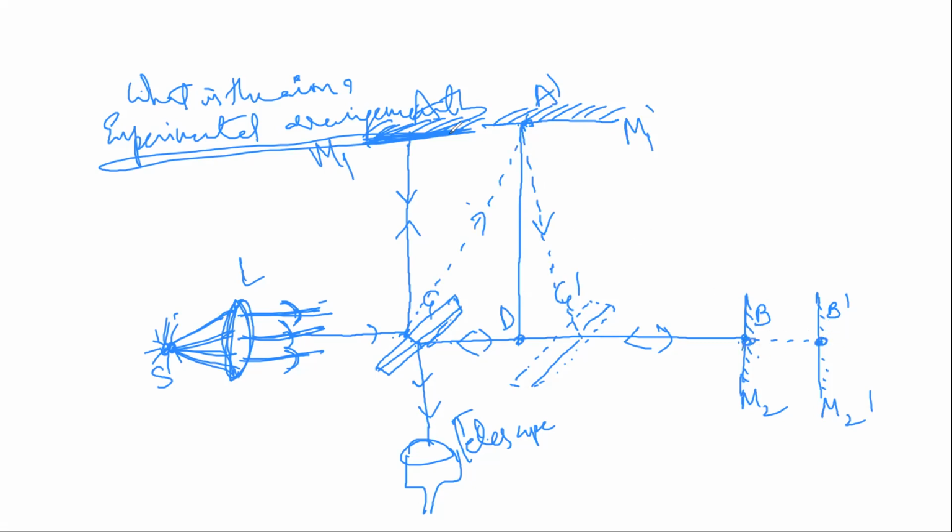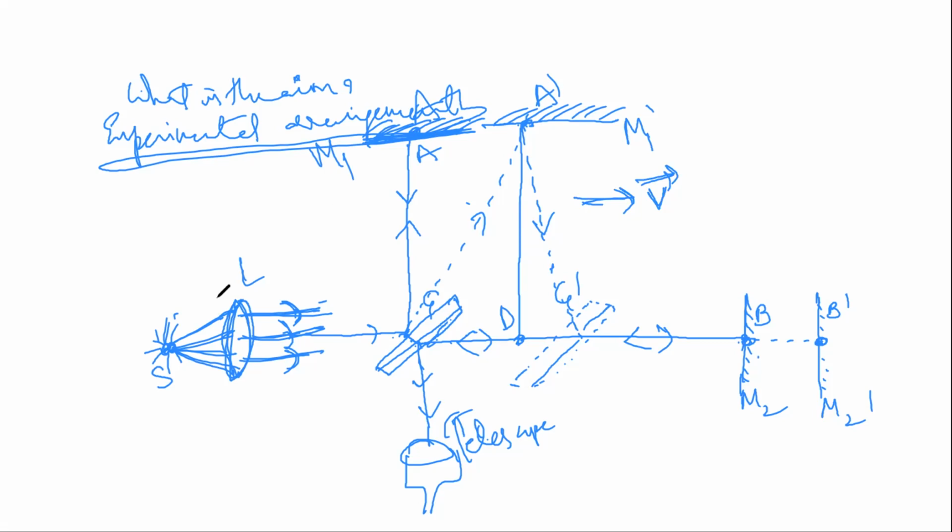Okay, this is B, this is A, and this is A dash. Now what's happening here is this is moving with velocity v. Let me tell you one more thing.